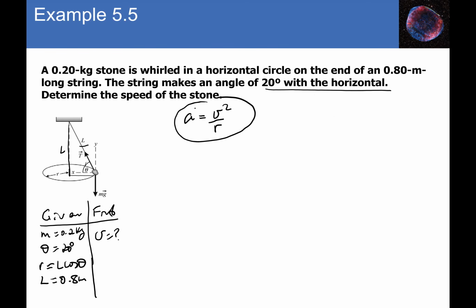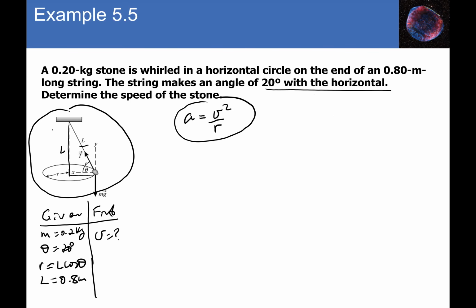But the first one is reasonable. That means we need to find the acceleration first, and we are given the radius, so we can solve for the speed. So I need to use Newtonian dynamics to solve for the acceleration, and from that I can get the speed.